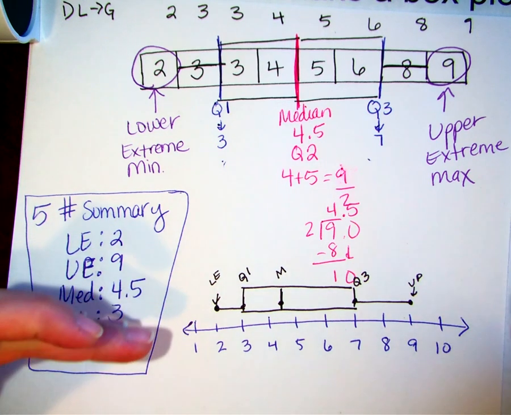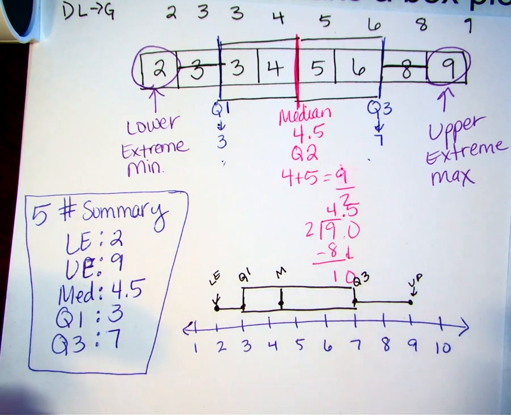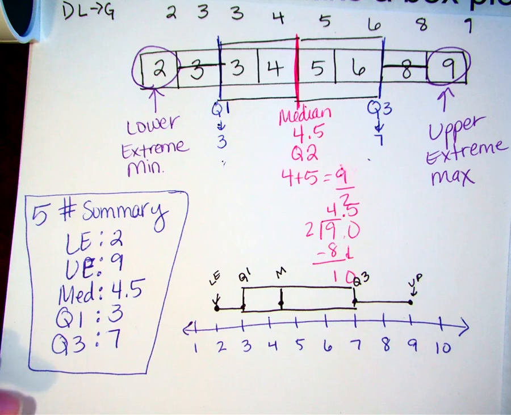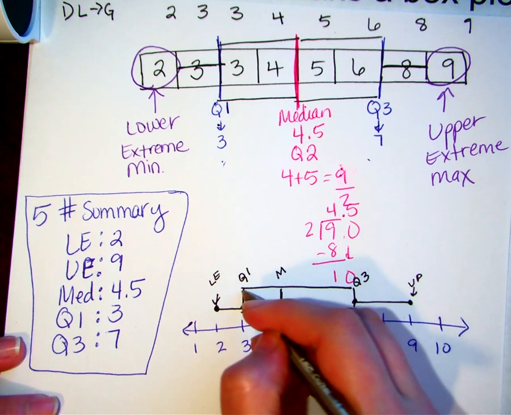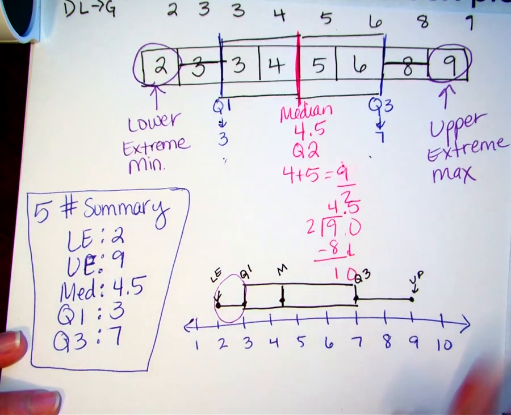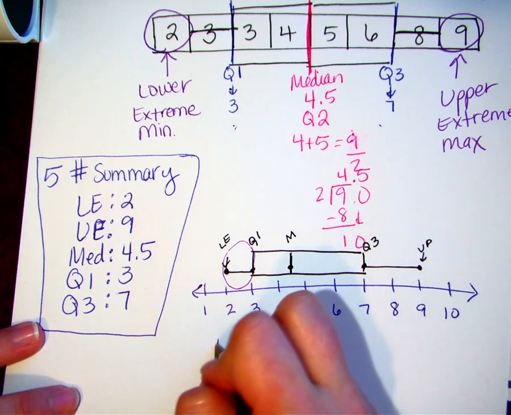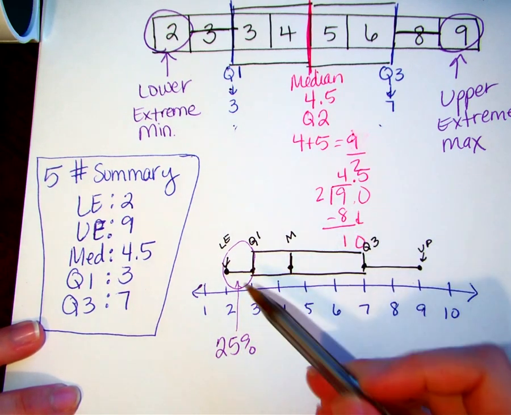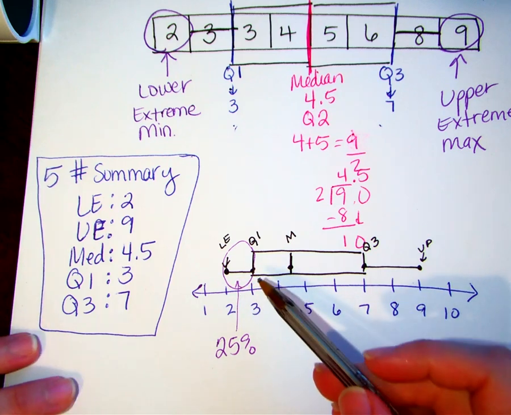Now the other thing with a box plot is there are 4 different parts on a box plot. Yes, there's 5 important numbers, but there's 4 different sections on a box plot. So this section right here is 25% of our data. Even though it doesn't really look like much, it is 25% of our data.